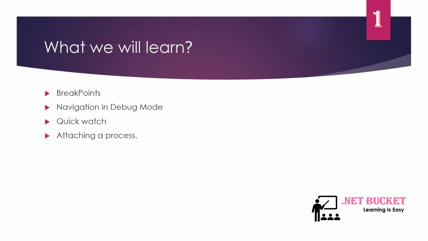You can always mouse over a particular variable to see what value it contains. Attaching to a process: if any process is running, you can debug that already running process through Visual Studio. For that you have to go to Debug, Attach to Process, then select that process and you should be able to debug it.